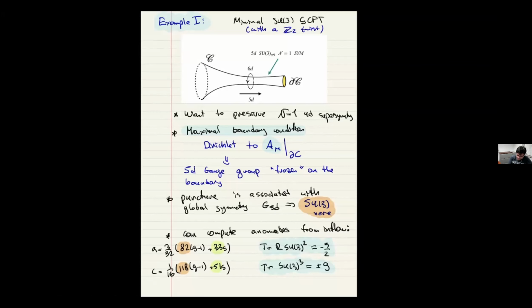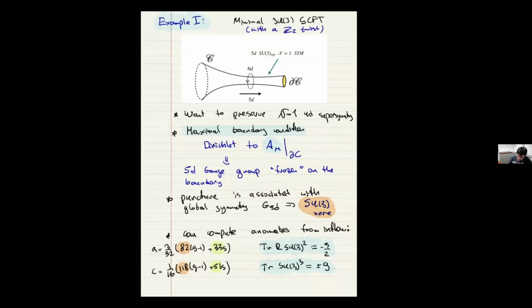And again, if you want more details on how this exactly works, you can see in the notes. The end result, when you add this inflow from the various fields that you have in 5 dimensions on the boundary and this geometrical contribution, you will get such anomalies for this compactification.